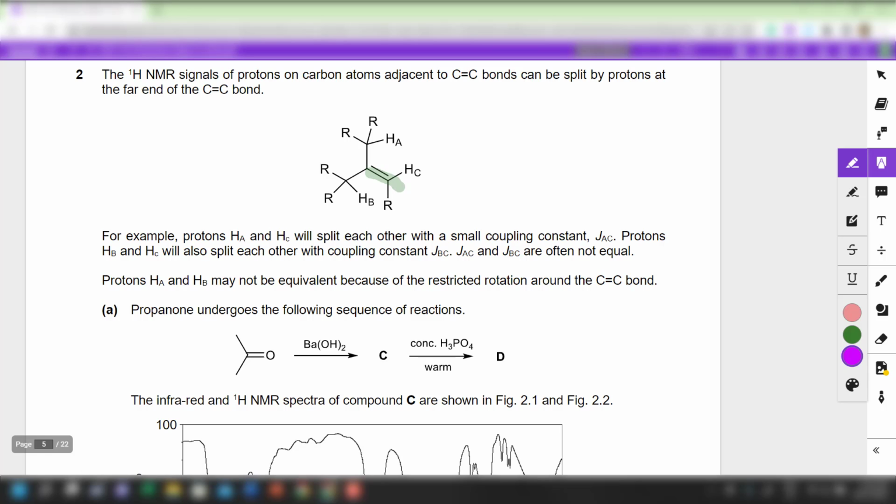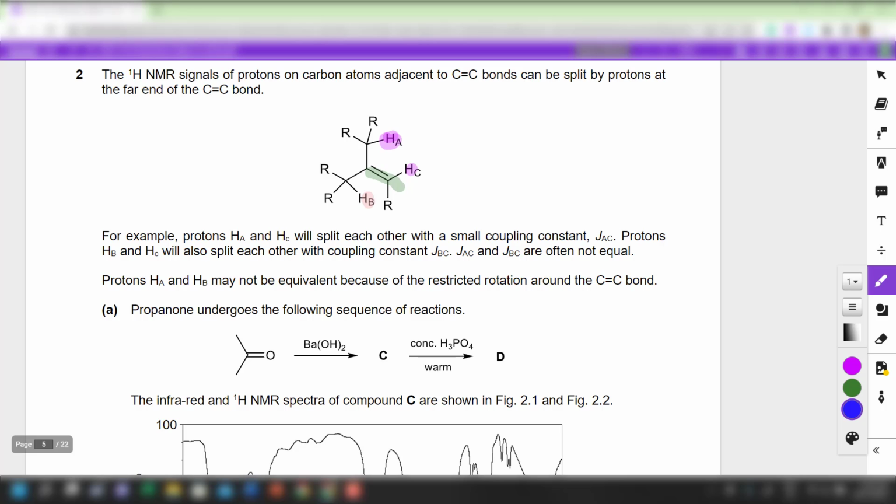That actually means that this particular group, which I'm going to highlight in purple as HA, has a cis relationship with HC, and the group containing HB, over here, is having a trans relationship with HC.